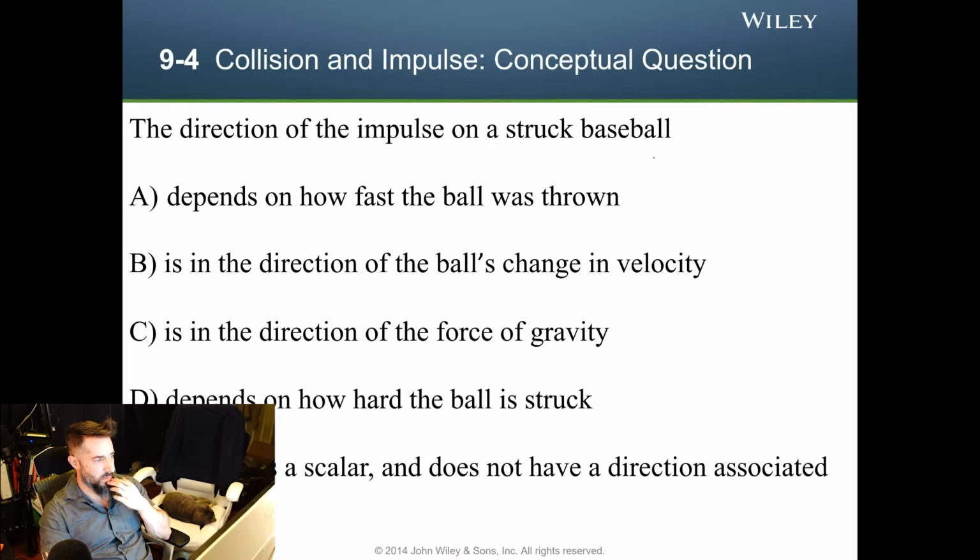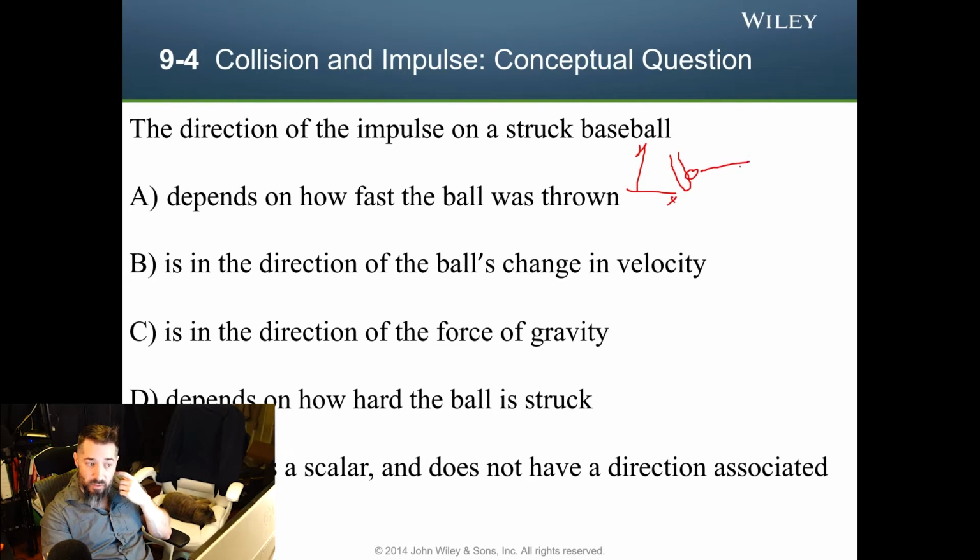We'll do another one here. The direction of the impulse on a struck baseball. So you have some bat hitting some ball. You have some x and some y.